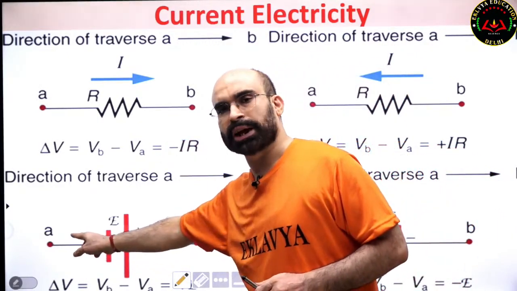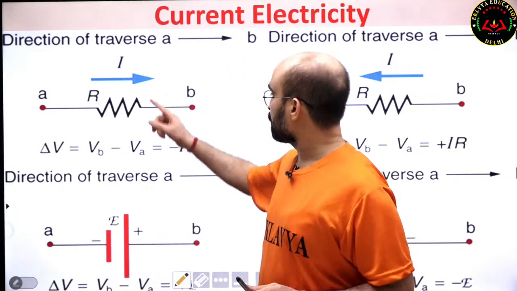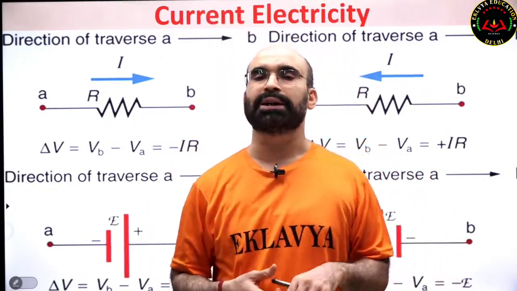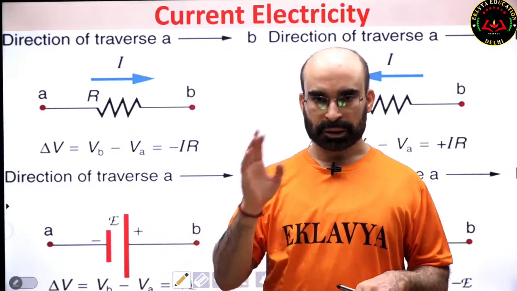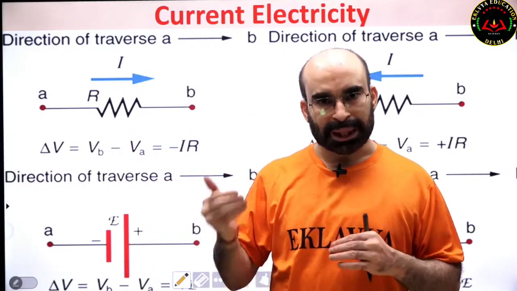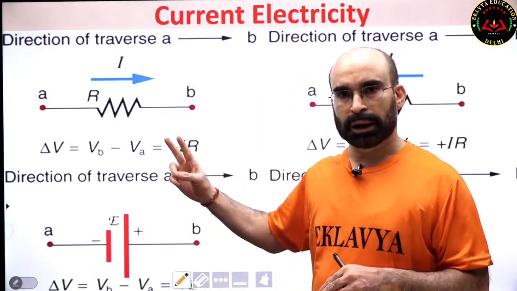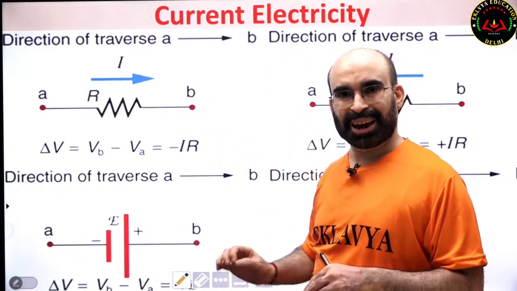If you are going from negative to positive, you may take it positive, but this will be changed. And in that manner again, if you add for the entire loop, the result would be the same.